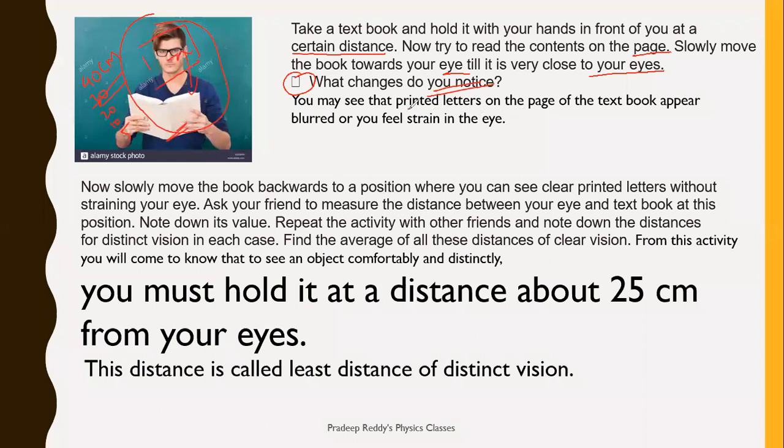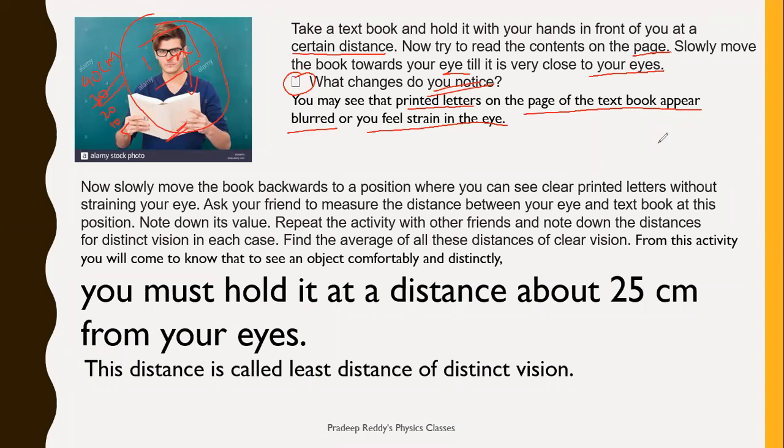You might see the printed letters on the page of the textbook appear blurred, or you feel strain in the eyes. You can try it right now itself. Just place the mobile screen or computer screen in front of you, very close at a distance of 5 centimeter.